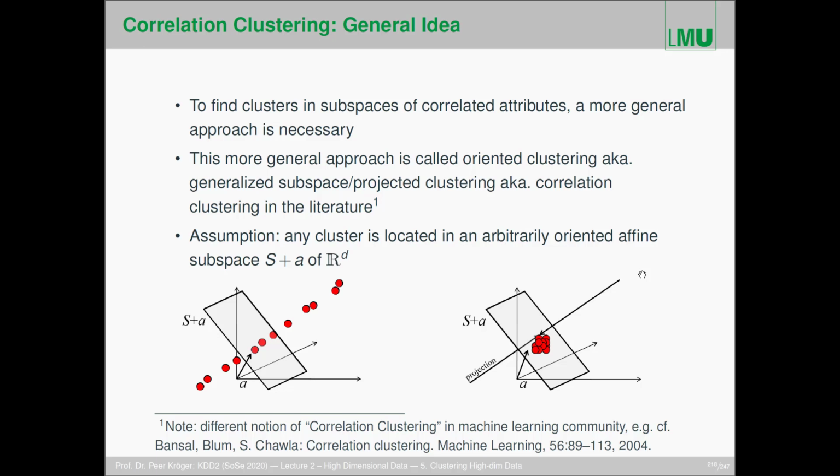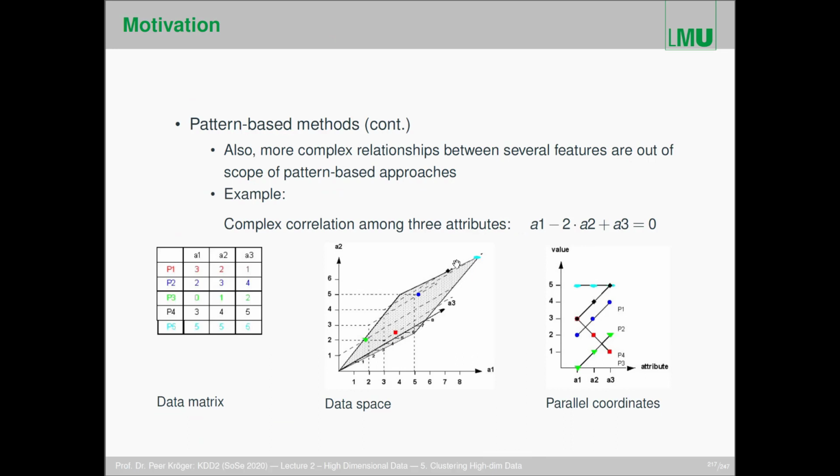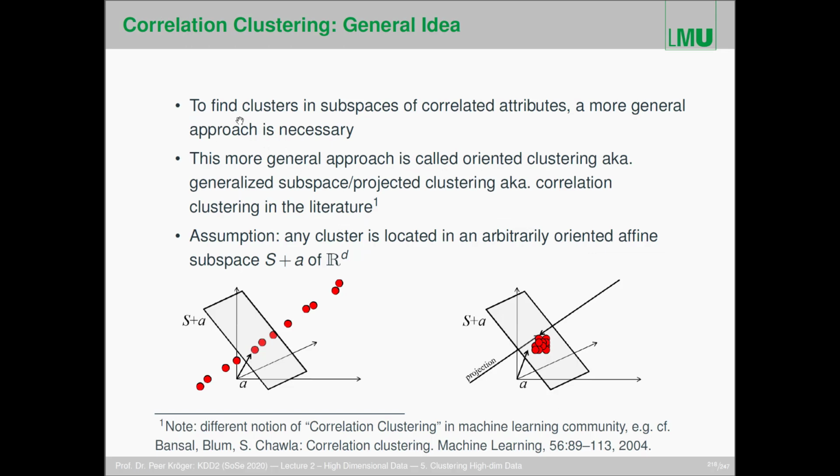So don't get confused about that. We will use correlation clustering solely for the methods that search for arbitrarily oriented subspace clusters, because they obviously have a common correlation amongst a subset of the features. That's why we call it correlation clustering. So how can we do that? What is the general idea for correlation clustering?